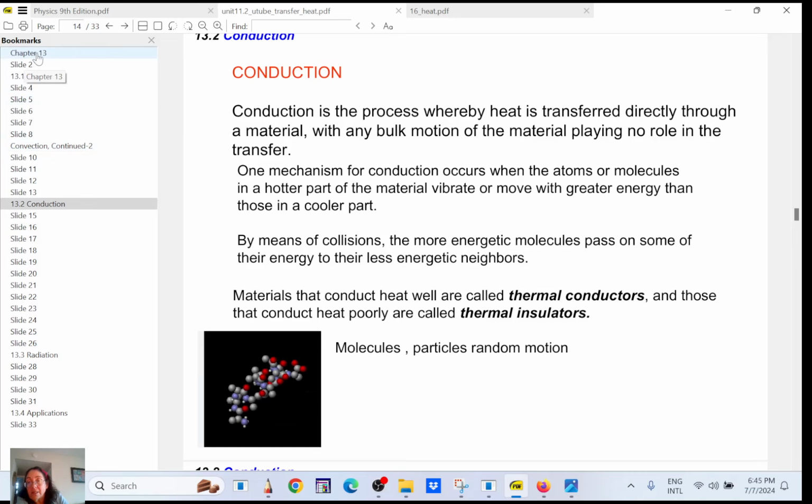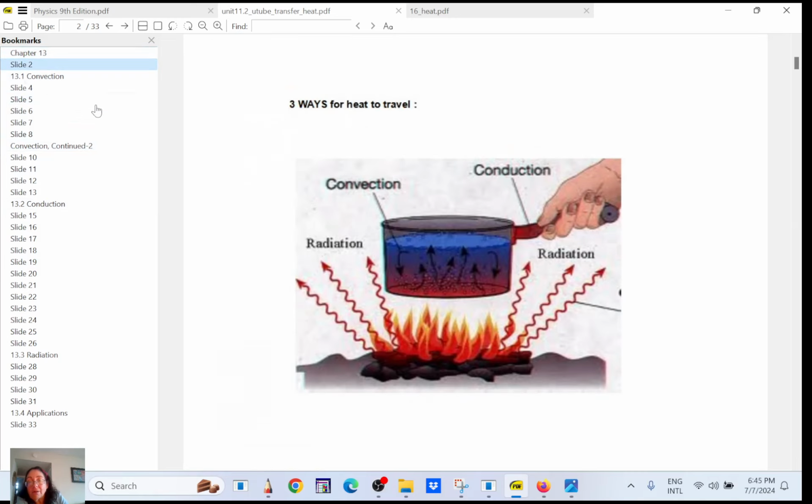So obviously, metals are good thermal conductors because they have loosely tied electrons. So that's why they are also good electrical conductors. So they conduct electricity very well. So those electrons are not tightly bound to the nuclei.